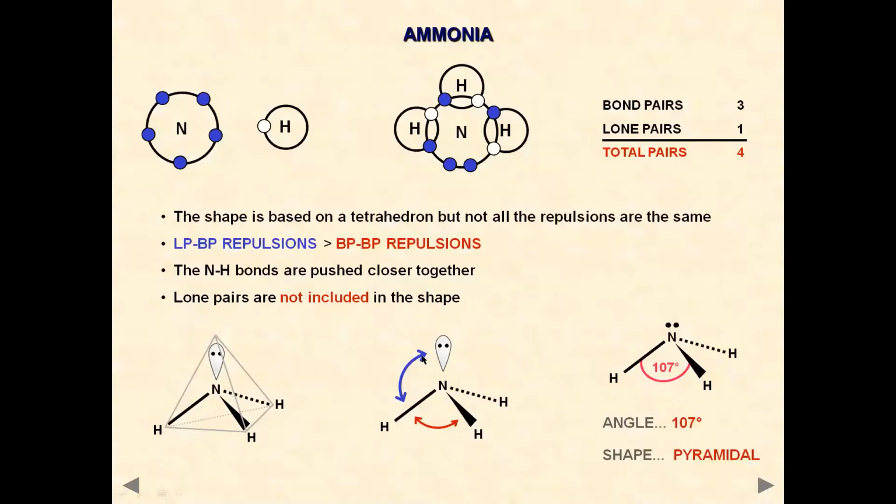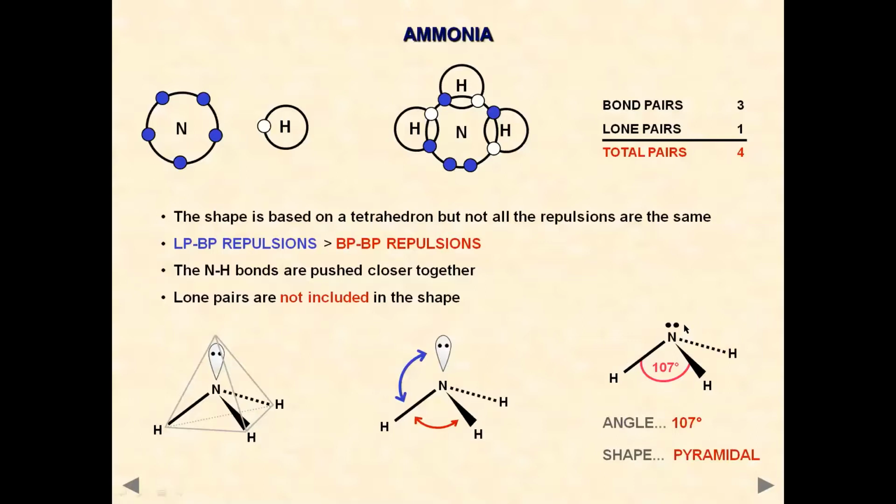Now because of the greater repulsion between the lone pair and the bond pairs, that lone pair is going to squeeze these 3 bond pairs a bit further. We know the bond angle in a regular tetrahedron is 109.5. Now because of the greater repulsion from the lone pair, the bond angle is going to be reduced. It's gone from 109.5 degrees to 107 degrees.